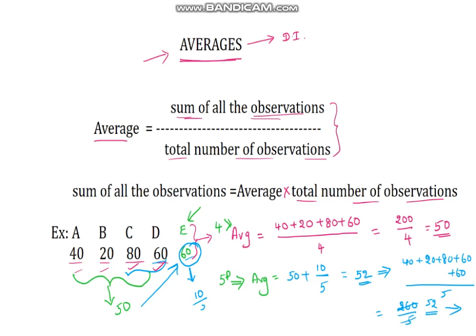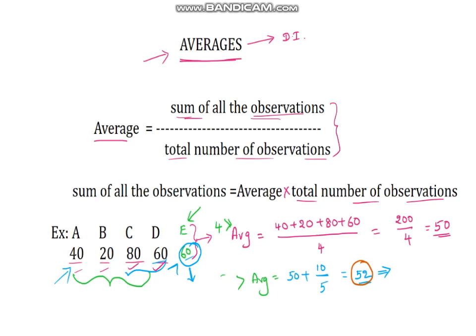So 52 is the average of 5 people. So here also we get the same thing. That's why no need to calculate all these things again. How much extra? 10 extra. So 10 is distributed among 5 people and added to the previous average.